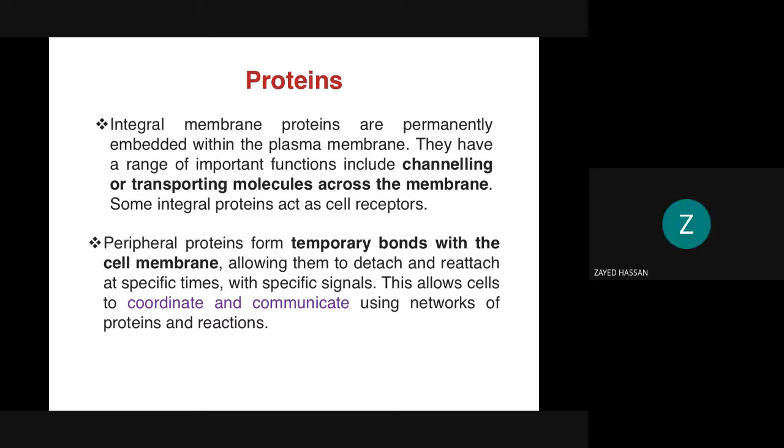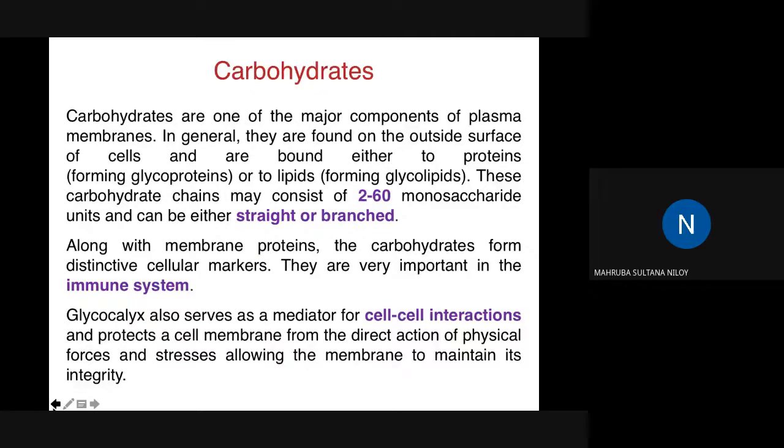Integral proteins are mostly embedded through both layers of the bilayer, and as it is written over here, they have a range of important functions, including channeling or acting as transporting molecules across the membrane, and some also act as cell receptors. Okay, this point I didn't discuss, right? Cell receptor.